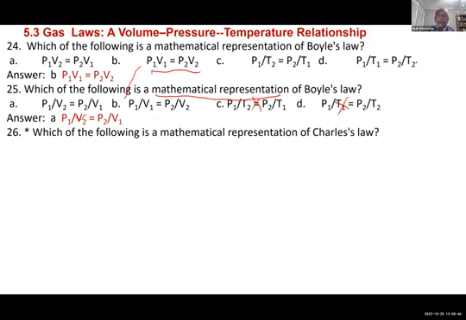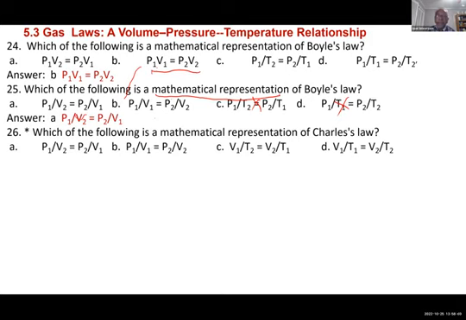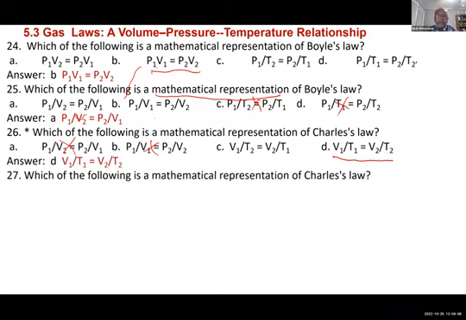Which of the following is a mathematical representation of Charles' law? Charles' law is V1 divided by T1. This is the one. Pressure is kept constant, so Charles' law is D. Which of the following mathematical representations is Charles' law? It's similar to the Boyle's law question. We are asking which one is the Charles' law one.